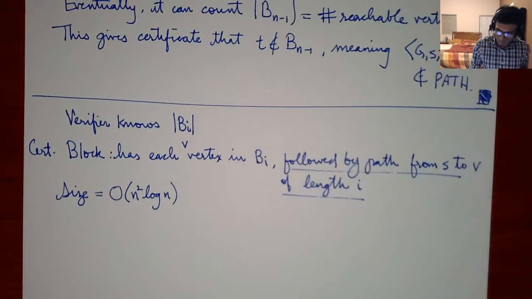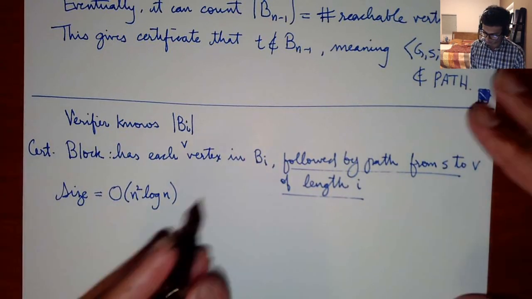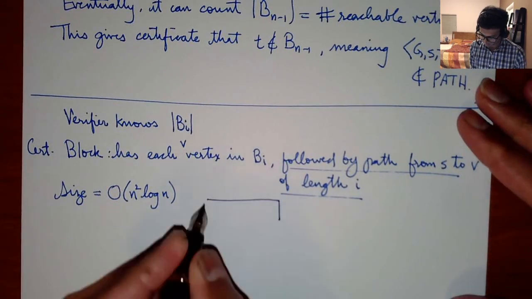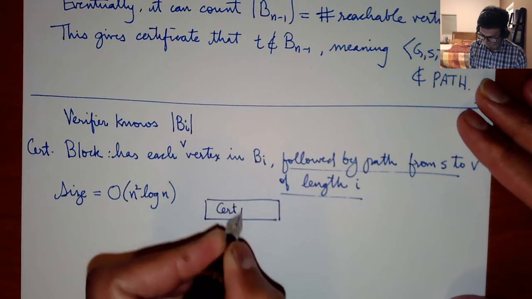Let me write this down again over here. So this is what a certificate block is. Hopefully you know what a certificate block is. So I'll call this the certificate block.